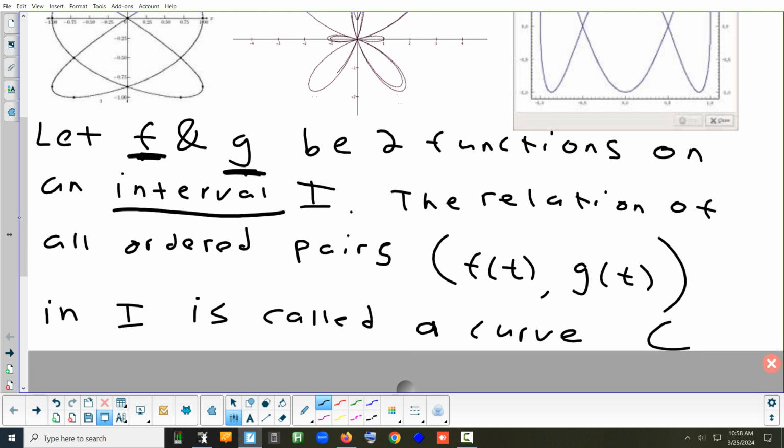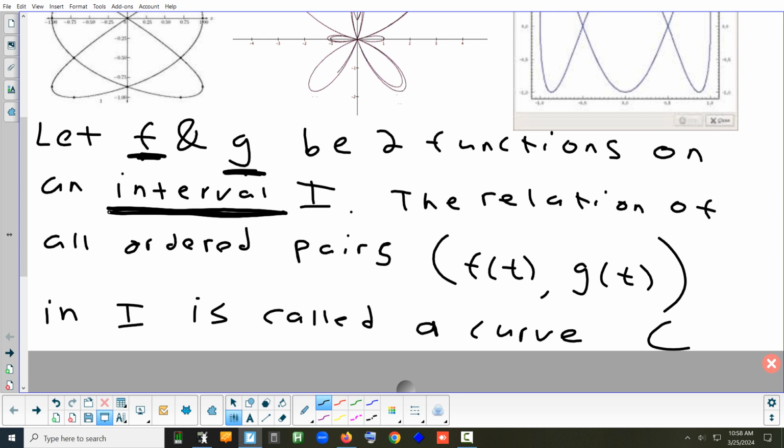Now, let's say your interval goes from 0 to 10. That's your domain. You have to plug in every number from 0 to 10, and if you could do that and generate all the ordered pairs, that would be your graph. Is the interval t with an underscore, or an I?